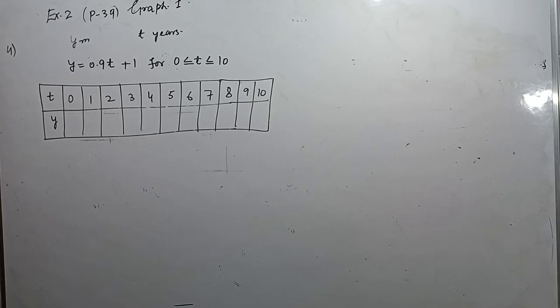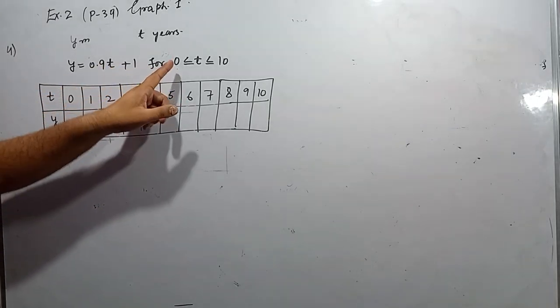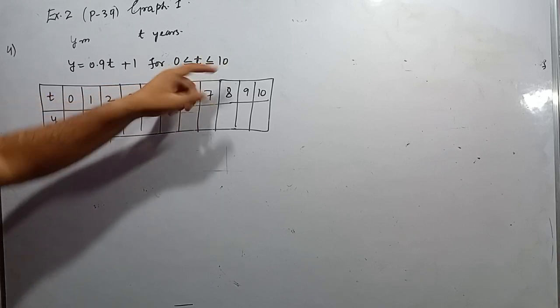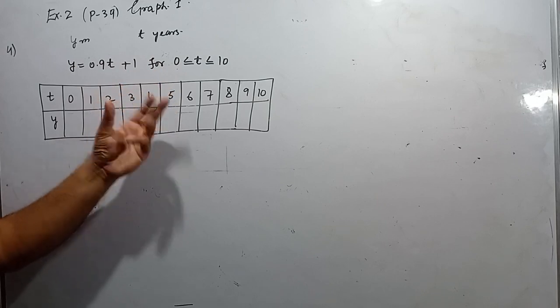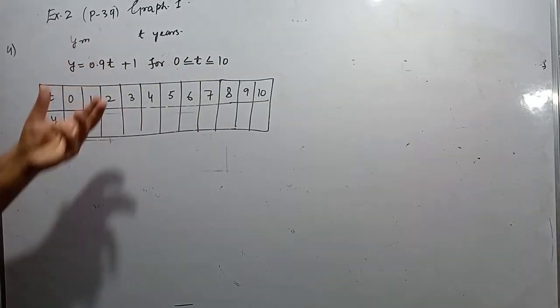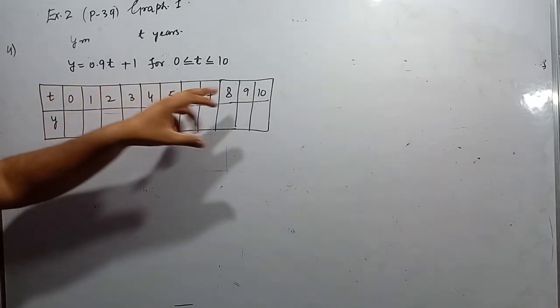So why are we writing these values? Because from the question we have the range t is greater than or equal to 0 and less than or equal to 10. That's the value of t we have to take from 0 to 10, and we have to take the integers, not decimal numbers. That means 0, 1, 2, 3, 4 till 10.